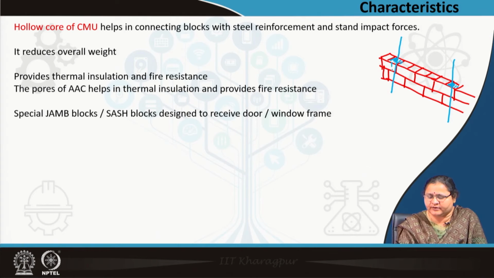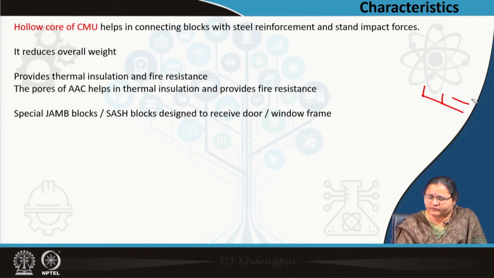So, this concrete will be inside. You are pouring concrete and reinforcing with some rods at intervals when you are making the hollow block wall. This is how you can strengthen your hollow block when it is in a wall system.